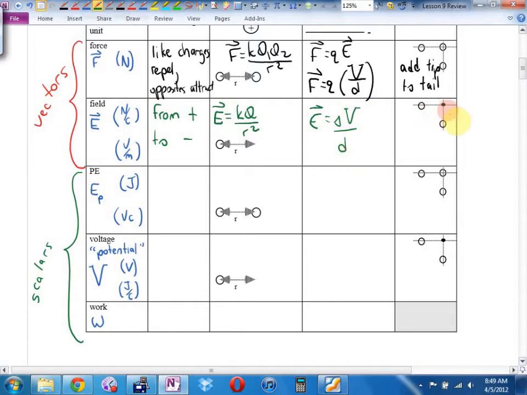What if the electric fields weren't in a nice straight line or were in different directions? Again, we add tip to tail.